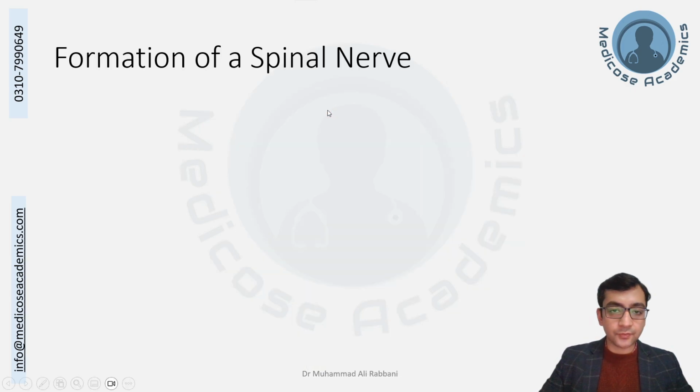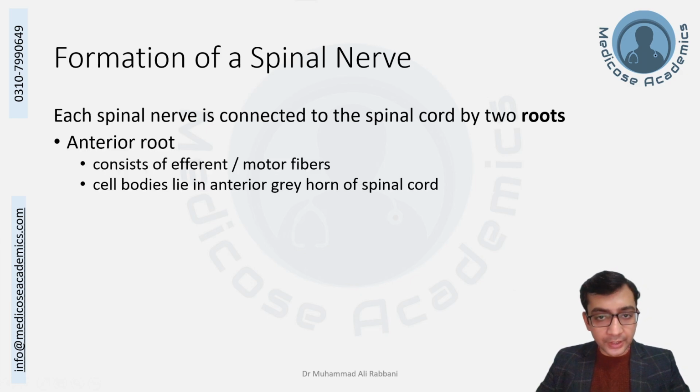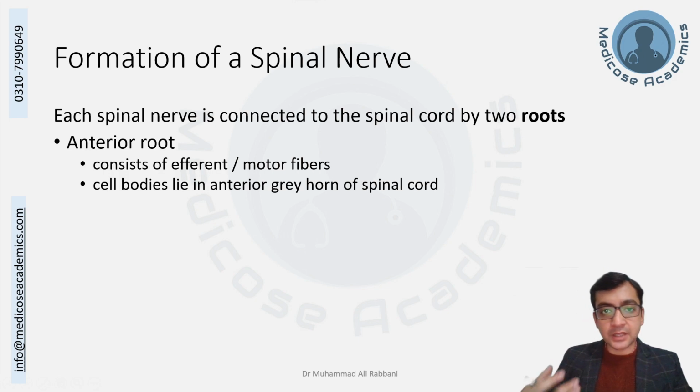How is the spinal nerve formed anatomically speaking? Each spinal nerve starts from the spinal cord by two roots: the anterior root, the ventral root, that contains the outgoing, the efferent, the motor fibers. The motor fibers' cell bodies are embedded within the spinal cord.